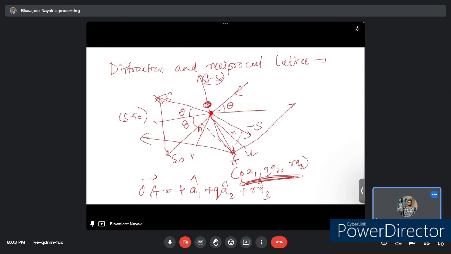So let the incident X-ray, whatever is coming, have wavelength lambda.